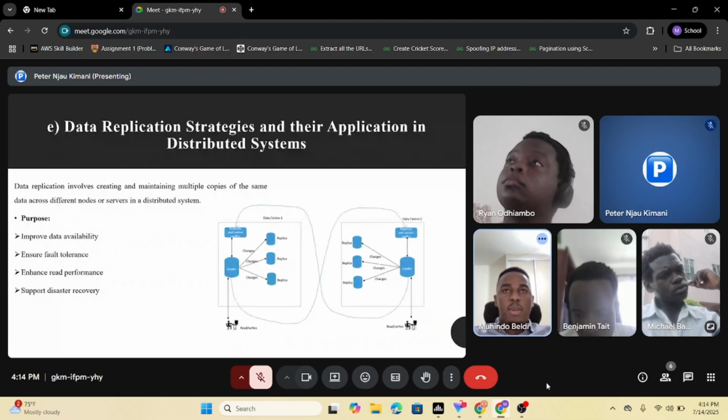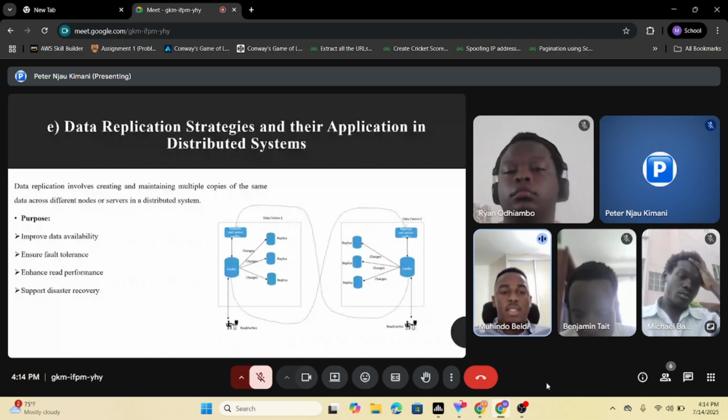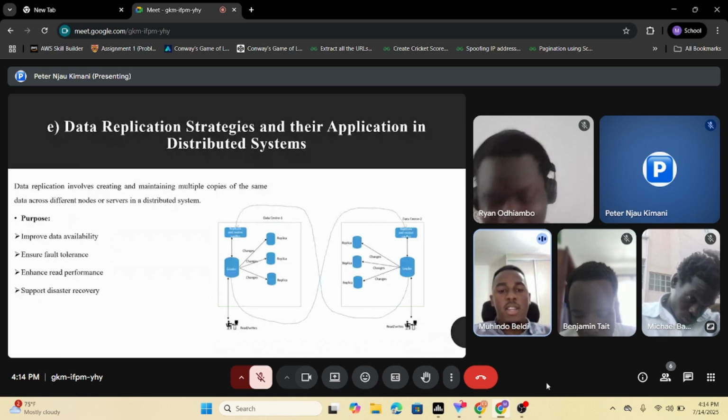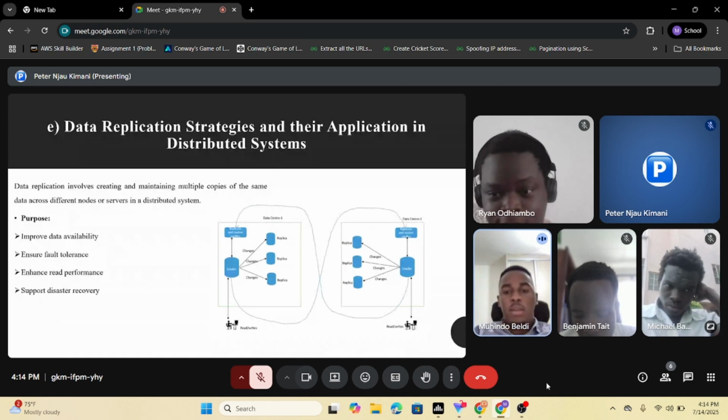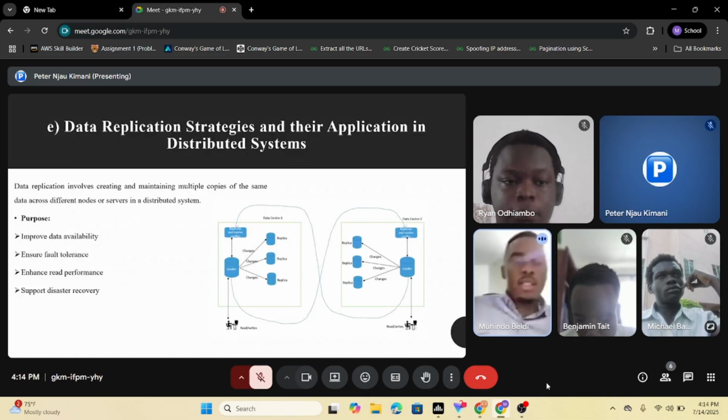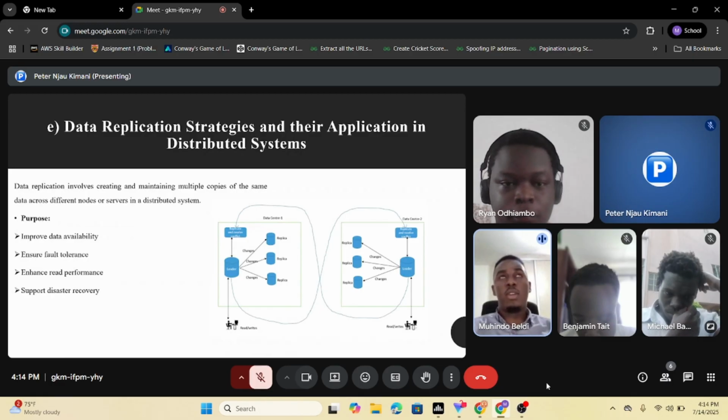It enhances read performance in systems where many users only need to read data. Replicas help distribute the load, speeding up responses. It can support disaster recovery. In case of catastrophic failure at one location, data stored elsewhere prevents total data loss.